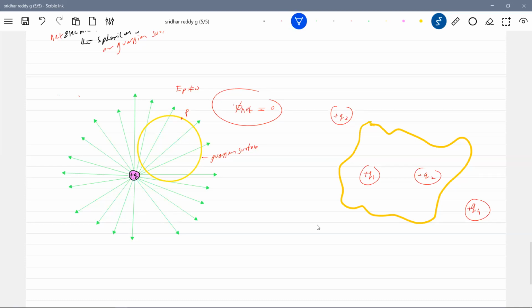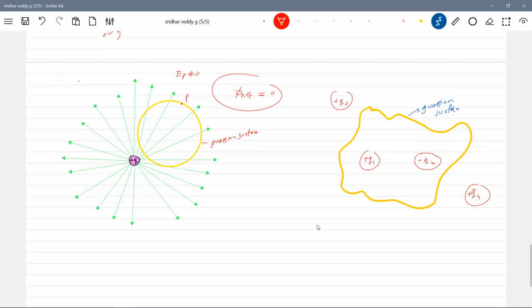Let me call this a Gaussian surface. I'm going to ask you very generalized questions. Net flux through the Gaussian surface: it will be there only due to Q1 and Q2, because whatever lines of force you draw due to the system of charges, only due to these two will the net flux be there. So the net flux is given by Q1 minus Q2 by epsilon naught.